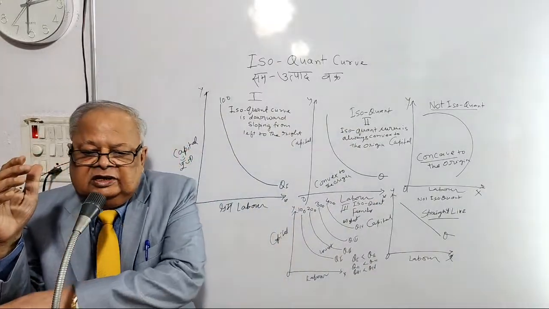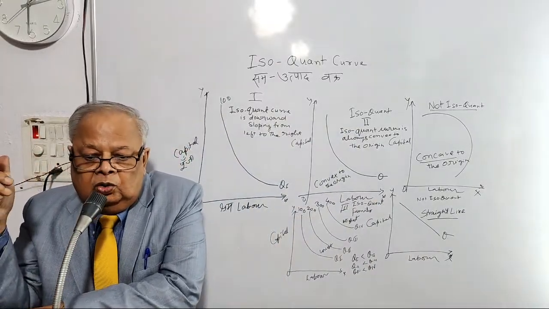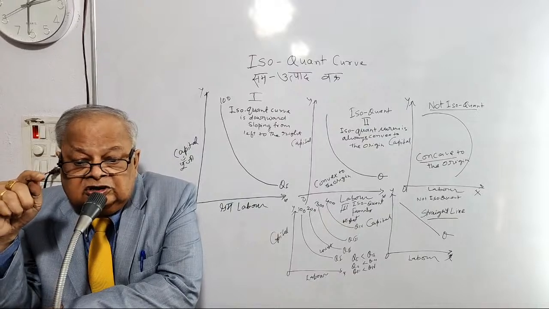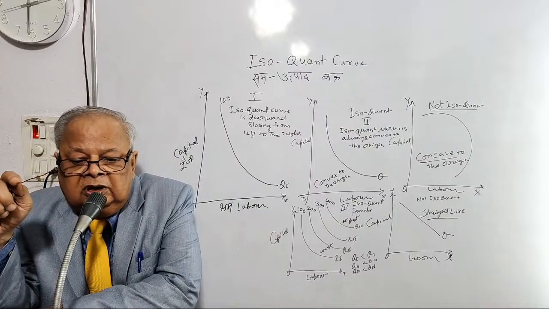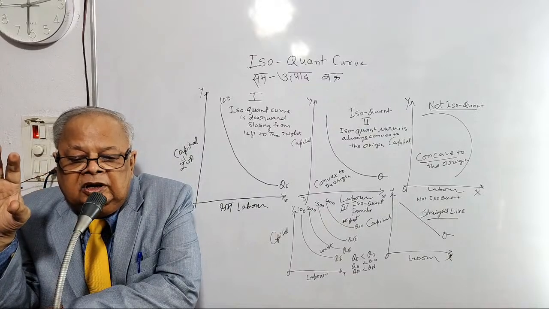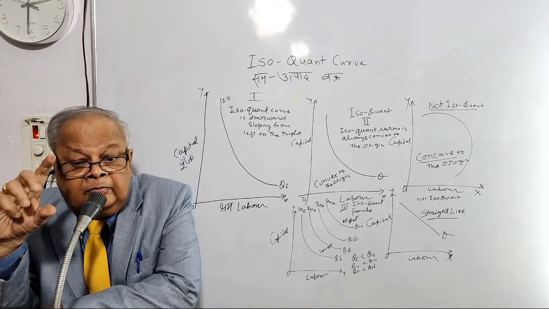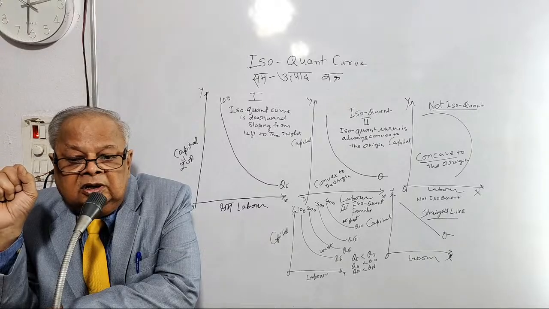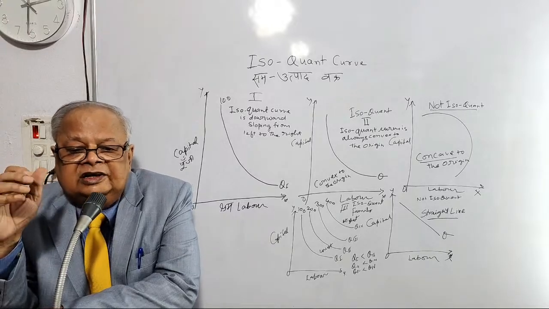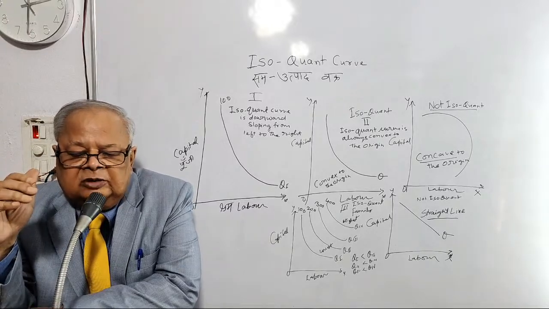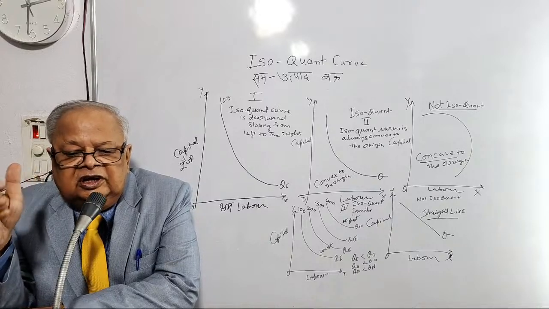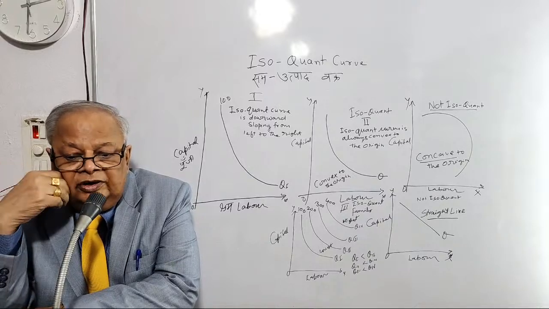You will say that 400 is good. No, this will depend upon the income of the producer. If the producer has less income, if the producer's budget is less, then he will be satisfied on the first isoquant.